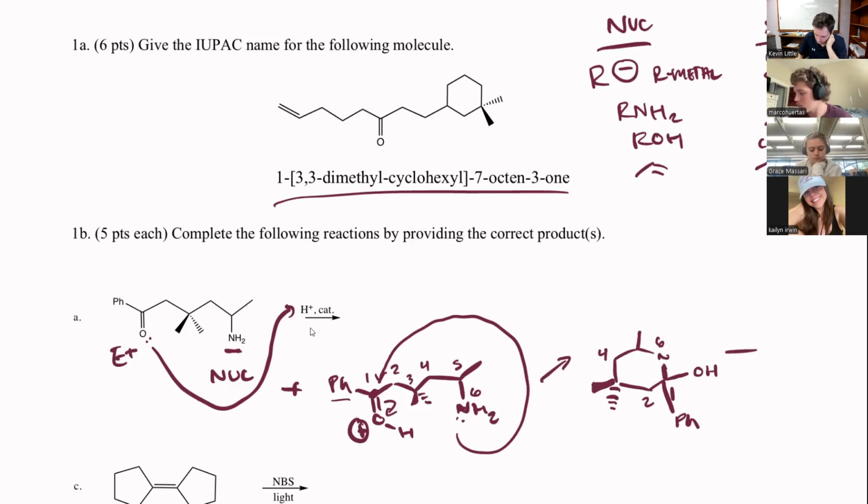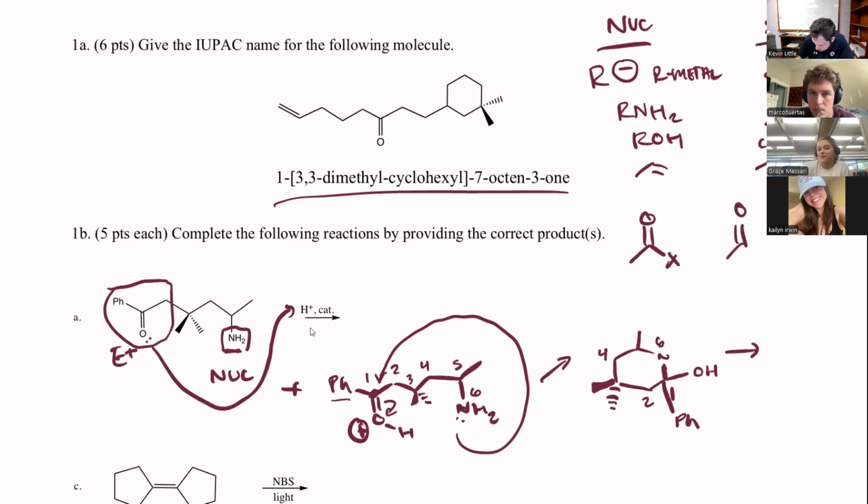All right. Now I'm going to remember my rules. I've got an amine attacking a carbonyl. We have two different kinds of carbonyls. We have the carbonyls with heteroatoms on them, and we have the carbonyls with C or H on them. Which world does this one fit into?